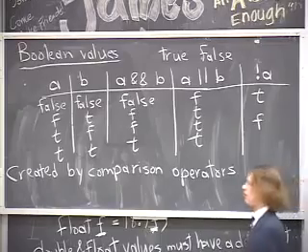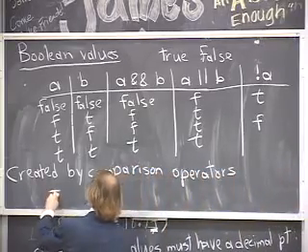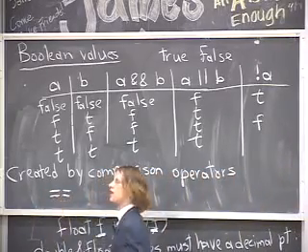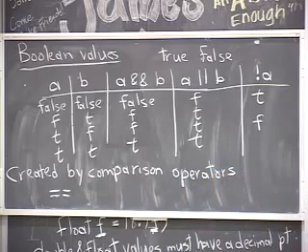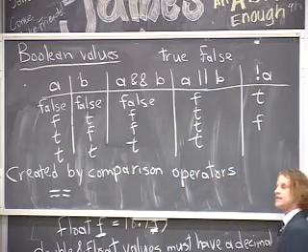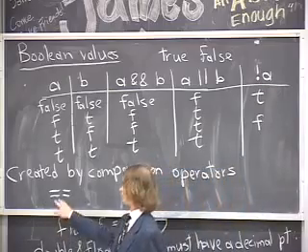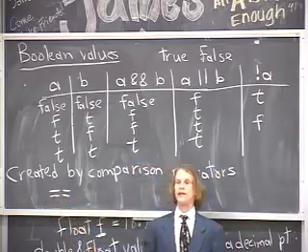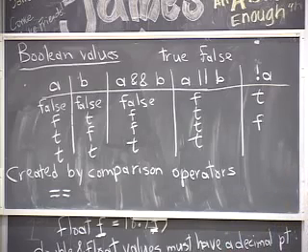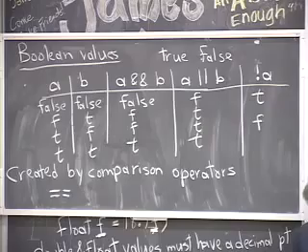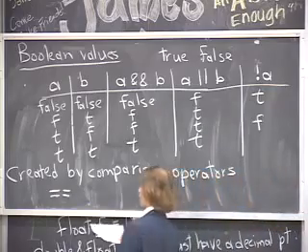You can test whether two things are equal to each other by writing two equal signs in a row. This is one of the disadvantages of the design of Java and C, is that this is used for equality, mathematical equality, and a single equal sign is used for assignment. That's not how most languages do it, and it's really not a very good decision, but we're stuck with it because C became so popular.